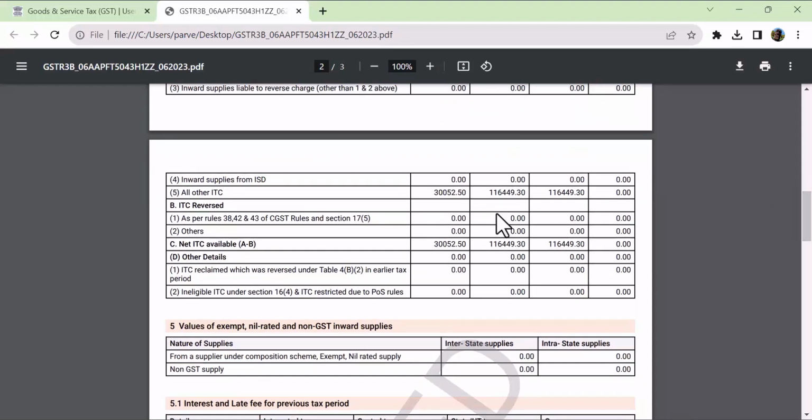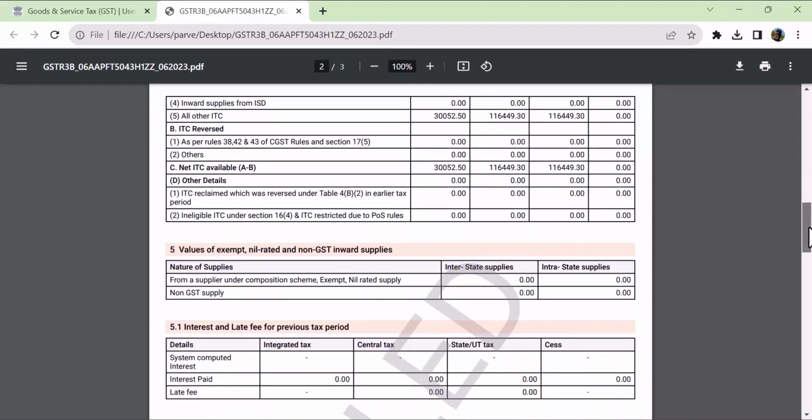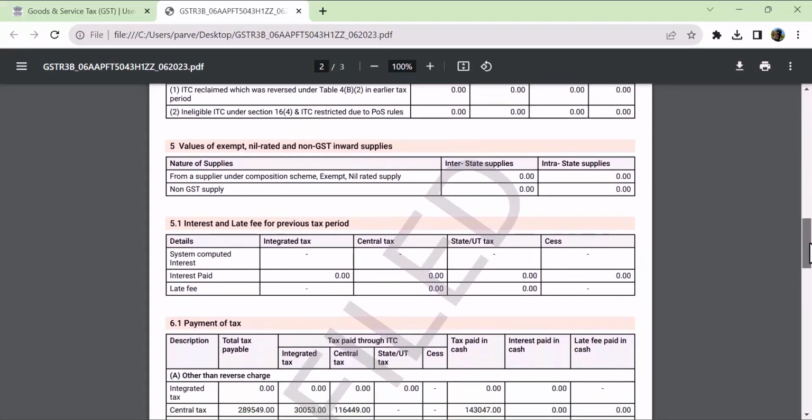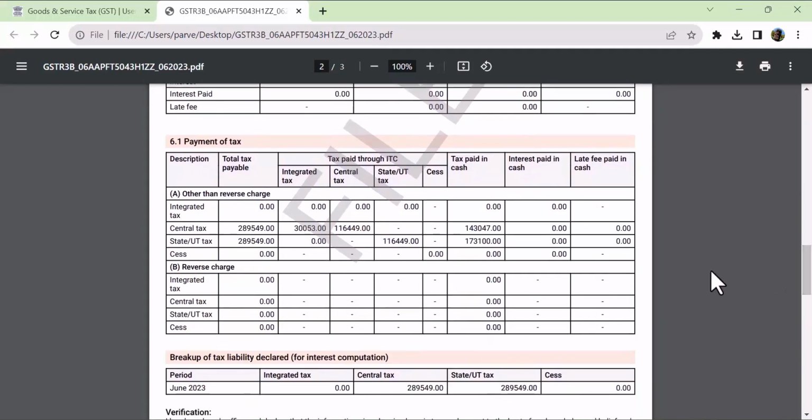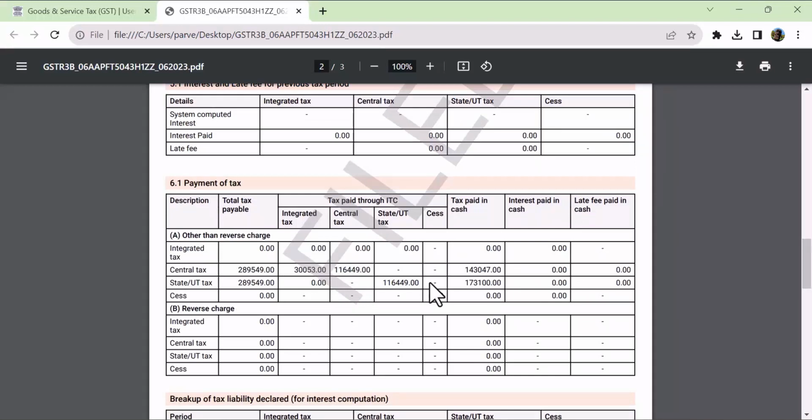So then this is the net overall input tax credit, and finally it talks about late payment fees if you are making a payment late, otherwise payment of taxes. So the tax which they have paid in cash is 1,43,047 rupees. So this is after adjusting the ITC which was eligible.